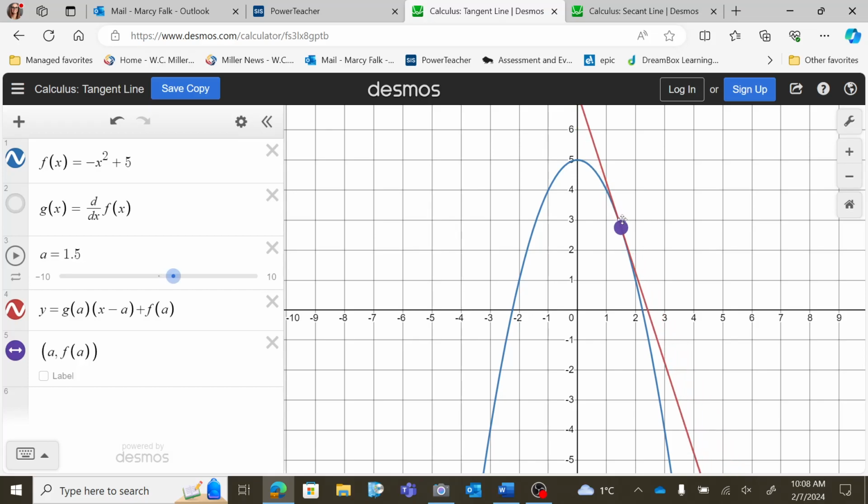What's happening as I move here? What's happening to the slope of that line? It gets steeper. Okay? What do you think about the slope of the line here? You know, right at the top. What do you think the slope of the line would be? 0, right?